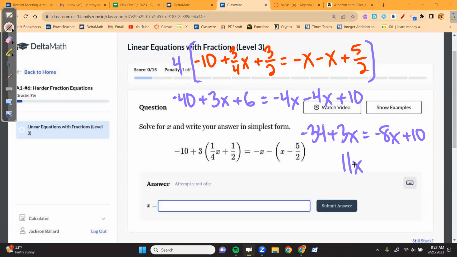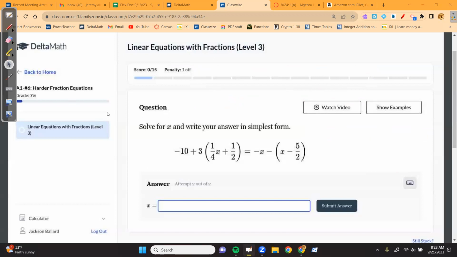Then we also have to move the -34 by adding 34 to both sides, and that's going to give us 10 plus 34, which is 44. And then from there, I think you can do that heavy lifting. Divide both sides by 11. Who else?